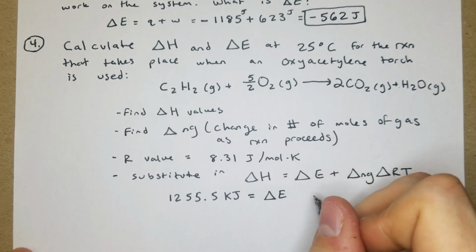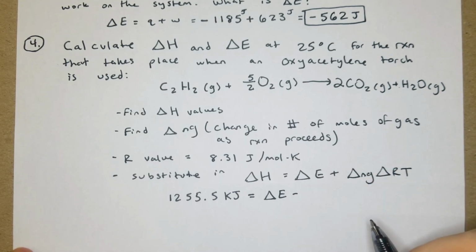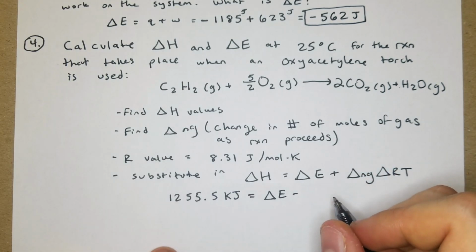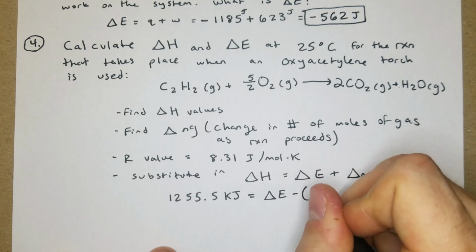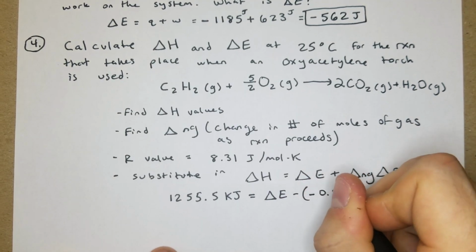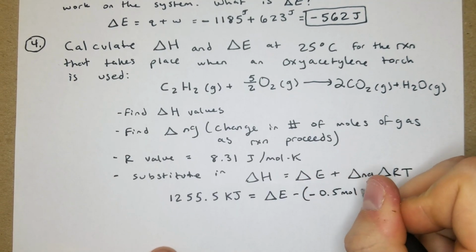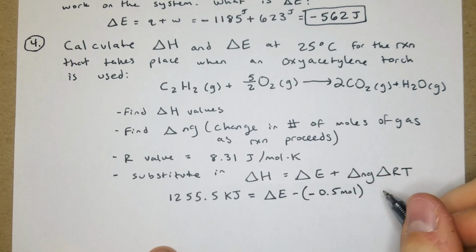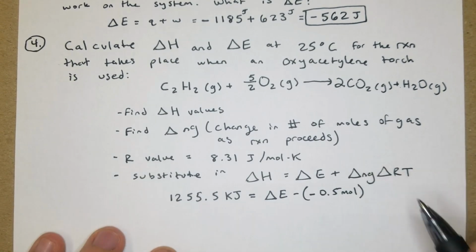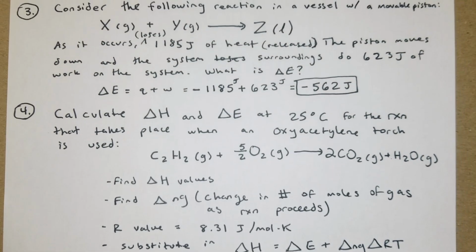So here we're looking for delta E minus, and we're going to have negative 0.5 mole, which is our change in gas. What do we have?